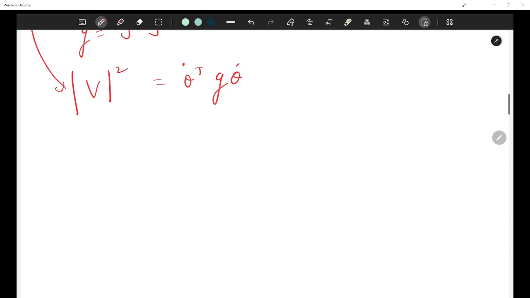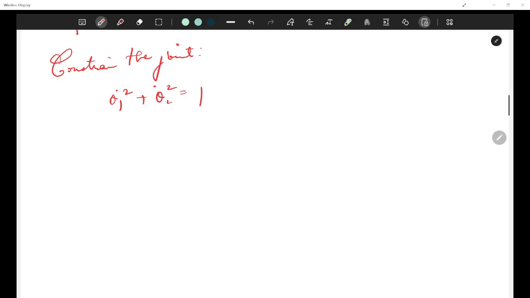So we can constrain the joint speed, because you do not have the liberty to go at any speed, and a standard way is to map them to a unit circle. Okay, you can find the minimum and maximum velocity.